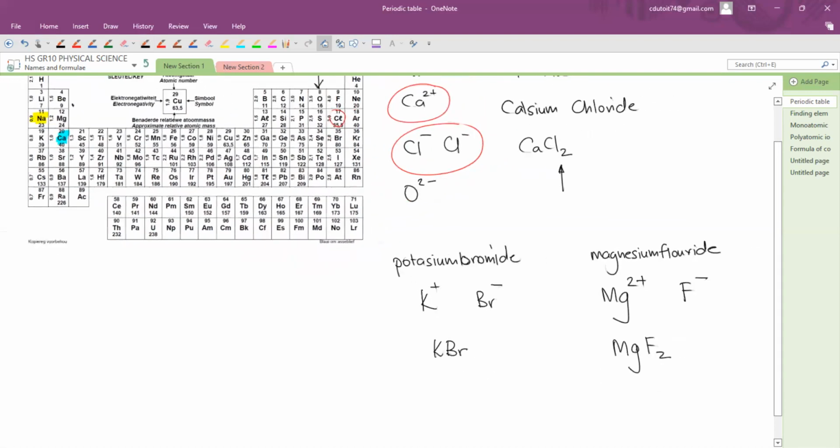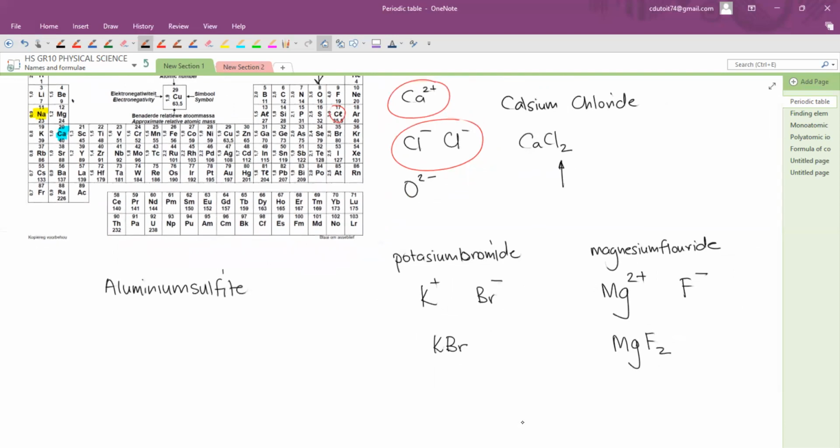Last one. Let's do a difficult one. Aluminium sulfide. I think it's sulfide in English.